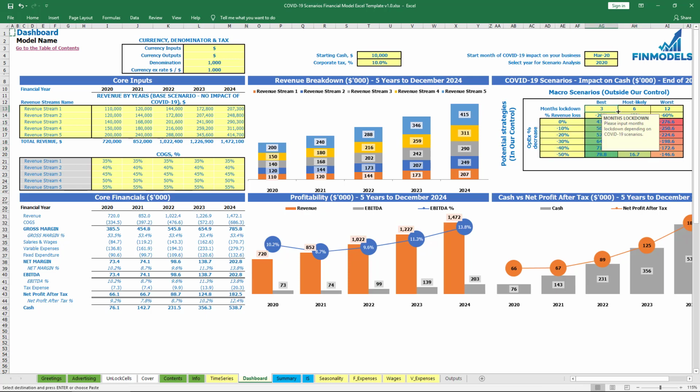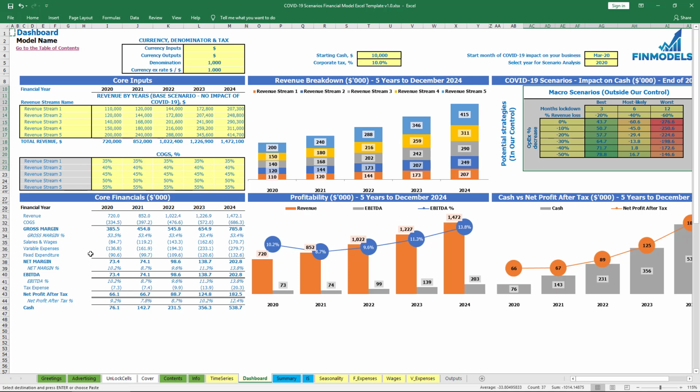You may say 2 months instead of 3, or 7 months instead of 6. First things first, you have to create your base scenario, and thereafter work with the revenue loss and operating expenses decrease.